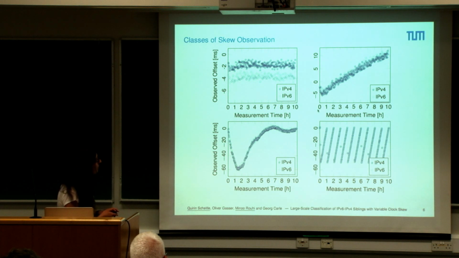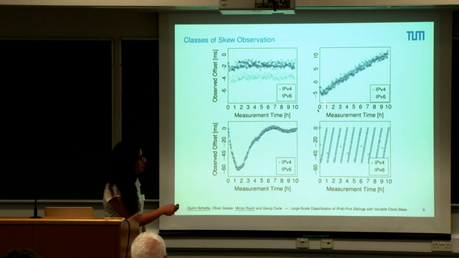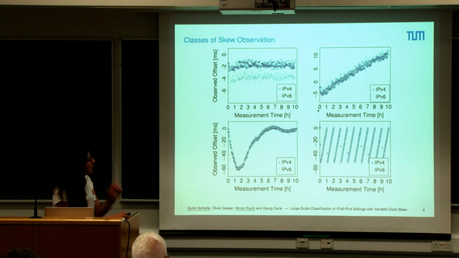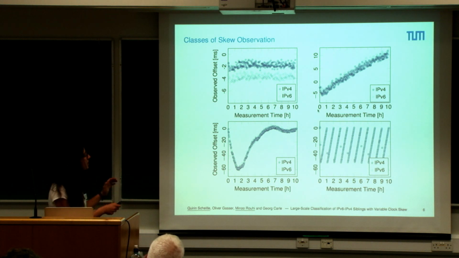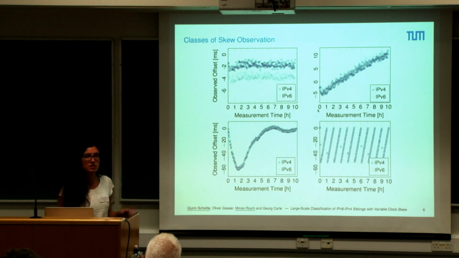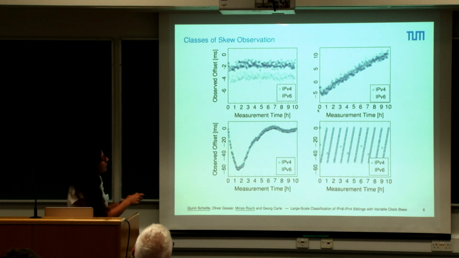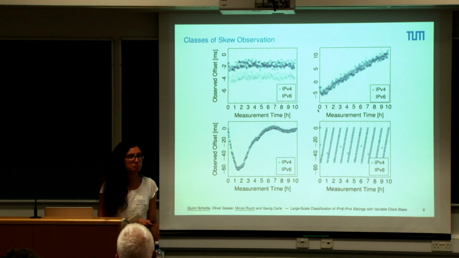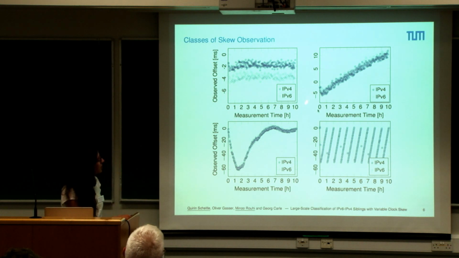These are all sibling pairs, and we can observe different types of skew characteristics in the ground truth dataset. The first one is a negligible skew, where the first derivative of the offsets is almost zero, so the clock is very stable.